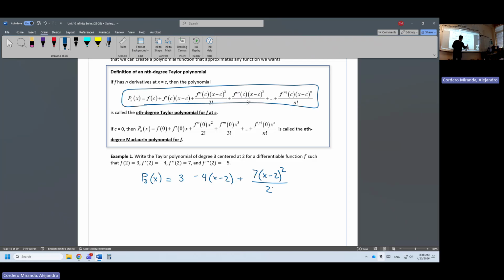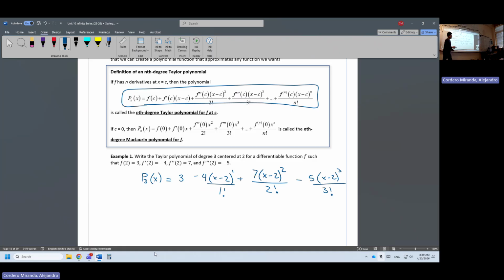Or if you really want to match the little box, you can make it a 2 factorial. But 2 factorial is 2. And then finally, third term, minus 5 times x minus 2 cubed over 3 factorial. If you really wanted to, you could put a 1 here and a 1 factorial, and a 0 here and a 0 back here. But okay.